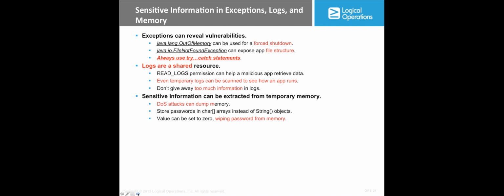Right, that through a DOS attack, you can be dumping sensitive information into memory, such as stored passwords, right? So we discuss, okay, how do we store our passwords? Do we store our passwords through the character array, or do we do it with string object identifiers?